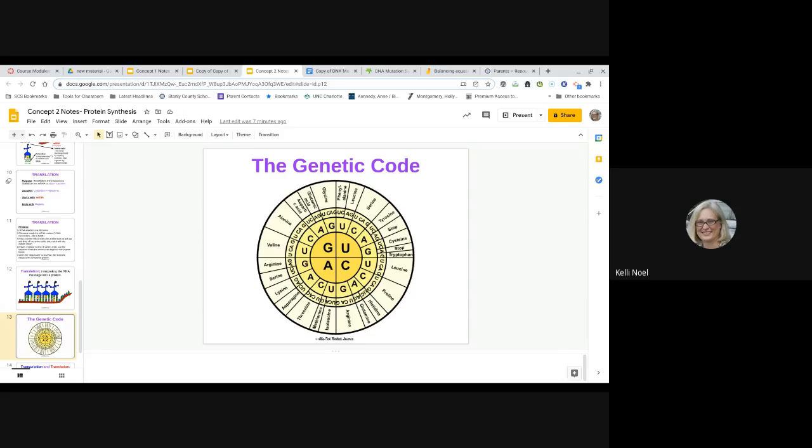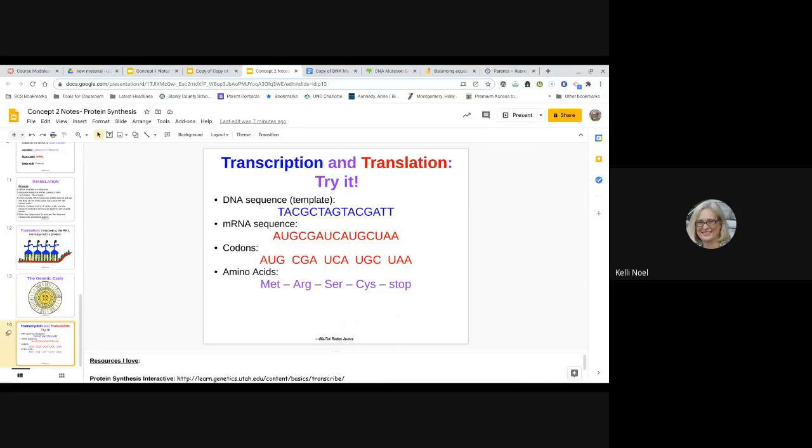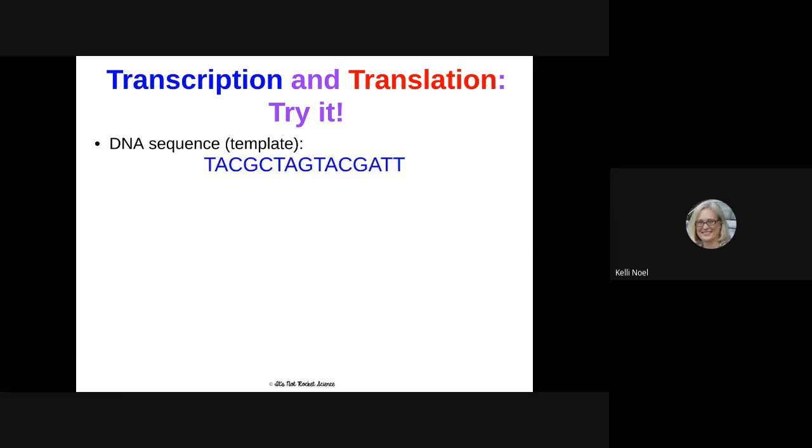And this is what we're going to be doing some practice. So if you will look right here. I'm going to present it. This is what happens. See if it still records or cuts me out. All right, so here's your DNA. First thing you have to do is turn it into RNA.